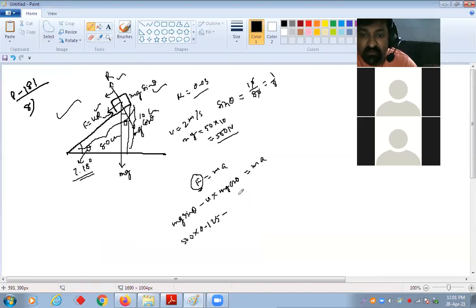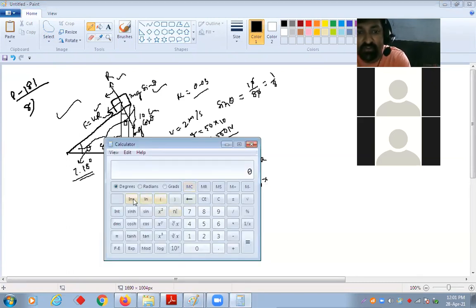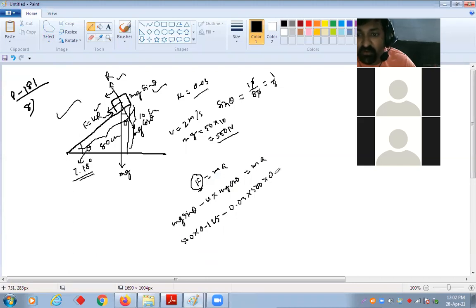So 0.125 minus mu, whose value is given as 0.03, and mg is 500, and cos theta. Cos 7.18, how much? Cos value is 0.992.